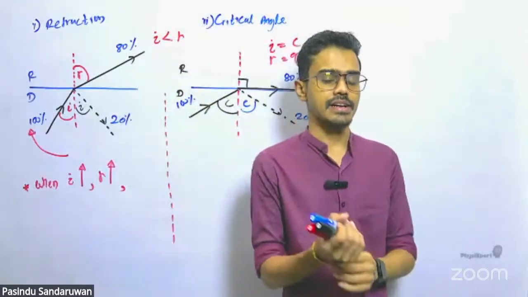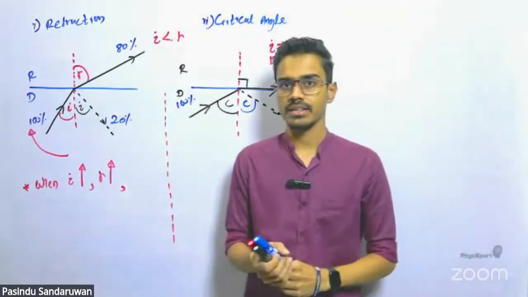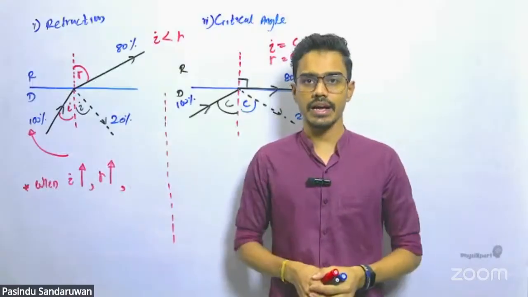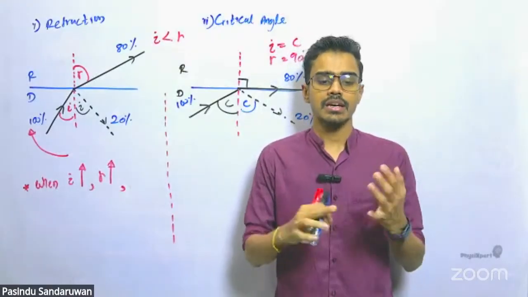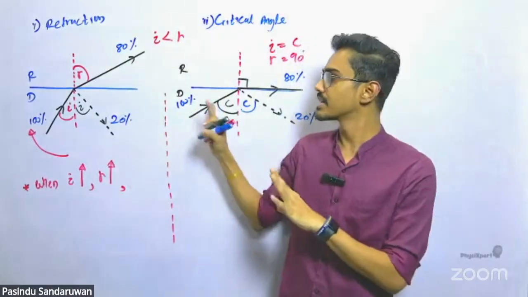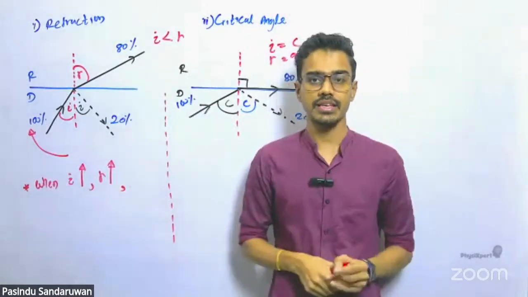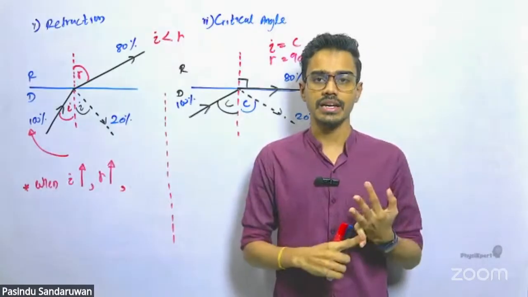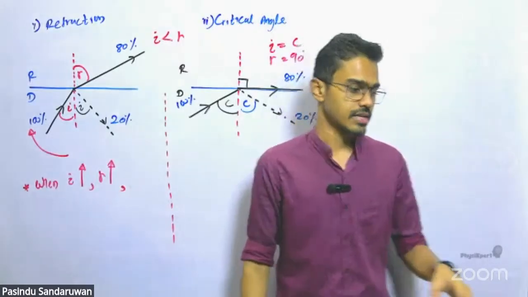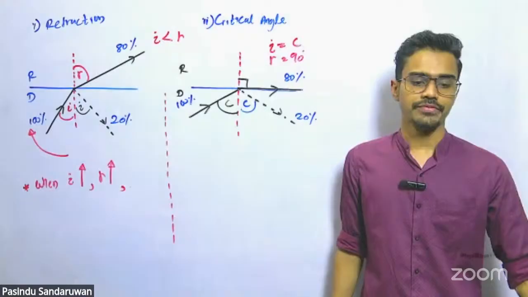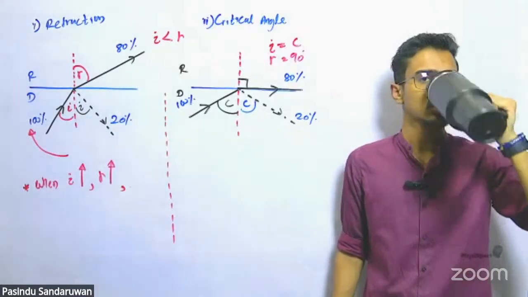What if light travels from rare to dense? Still, can there be a critical angle? I have drawn this for light traveling from a dense to a rare medium. If light travels from rare to dense, the other way, can there be a critical angle or not? Yes or no? If yes, what's the reason? If not, what's the reason?